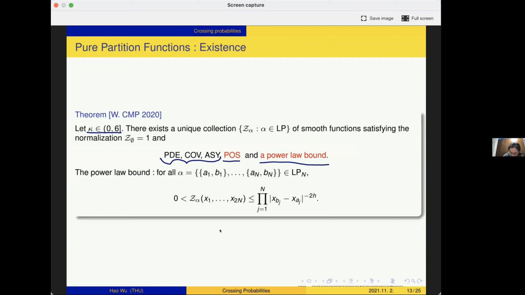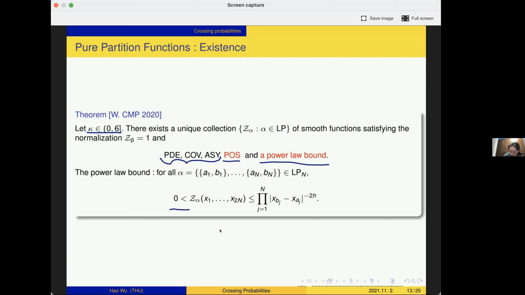One is that the function is positive. This positivity is very important because remember that our goal is to relate these functions to probabilities. So before we can prove that they are indeed probabilities, we have to know that they are indeed positive.